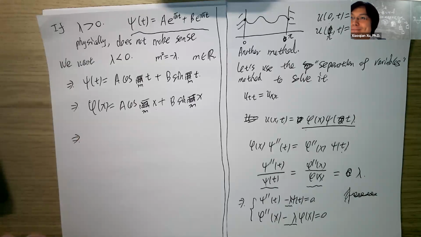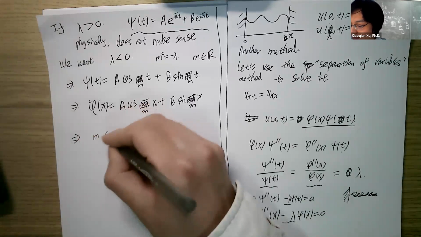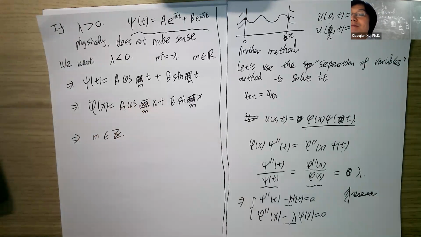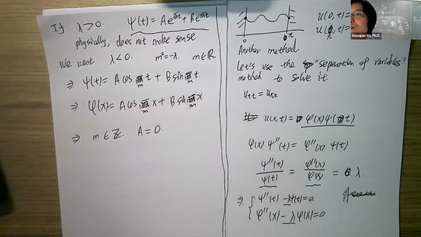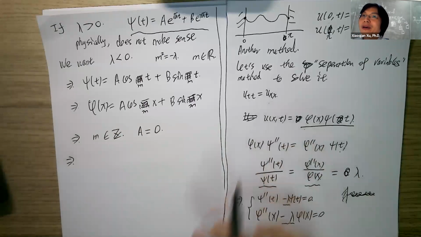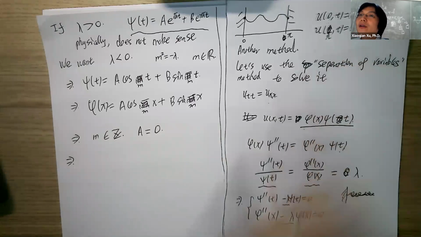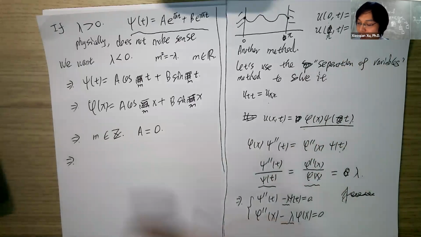What does that mean? That means m must be an integer, and a must equal 0. Right? So that means we do find a sequence or a family of solutions that can solve our wave equation with this physical boundary condition.